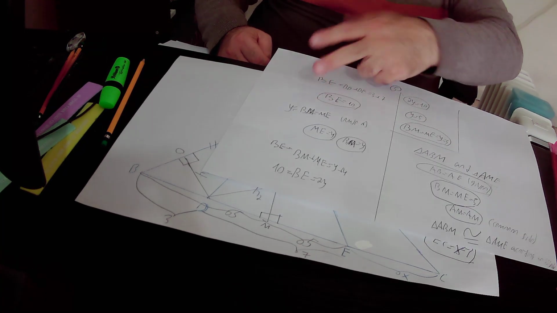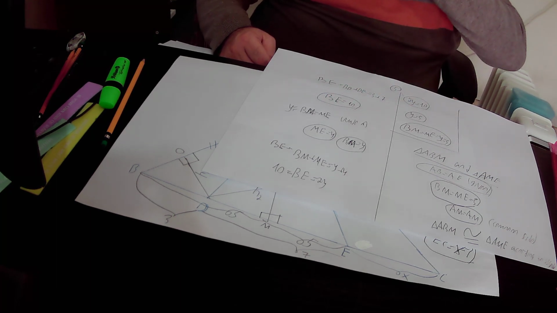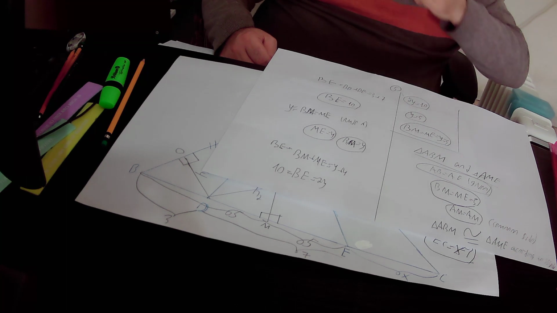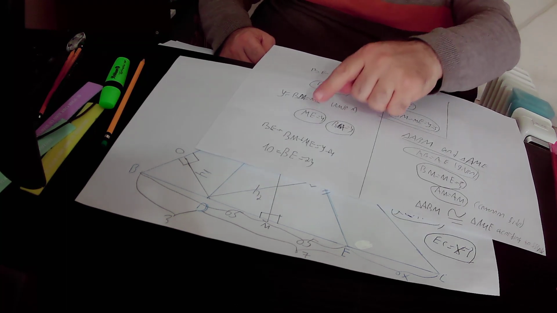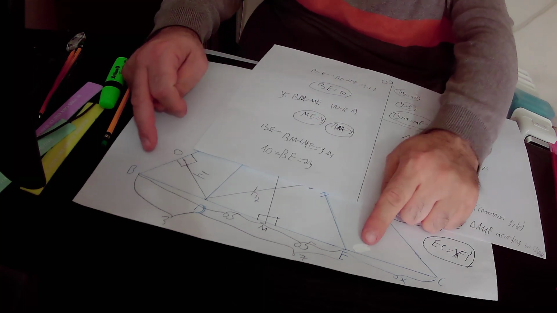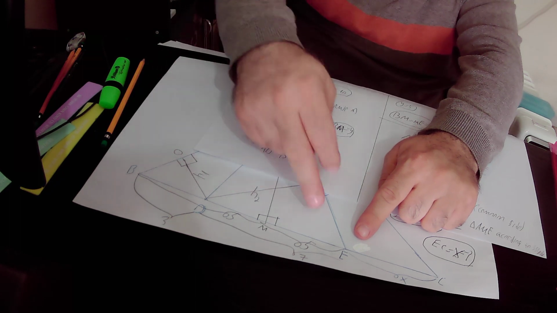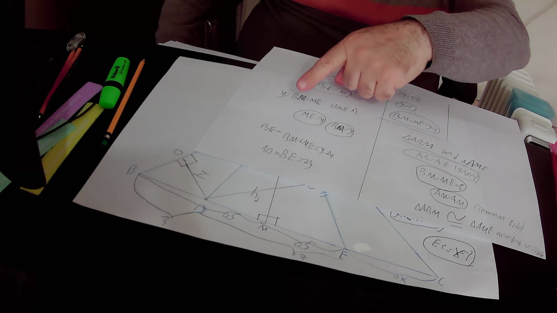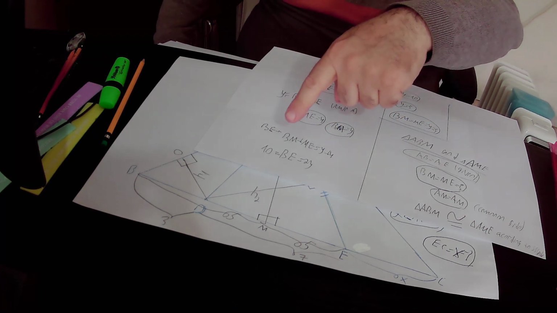If we define BM as Y, then ME will also be equal to Y. So BE, which equals BM plus ME, will be equal to Y plus Y. From one side BE equals Y plus Y, and from the other side, we have already found out that BE equals 10 units.